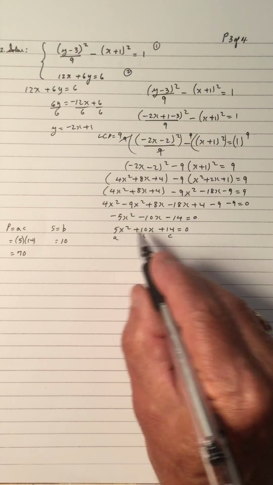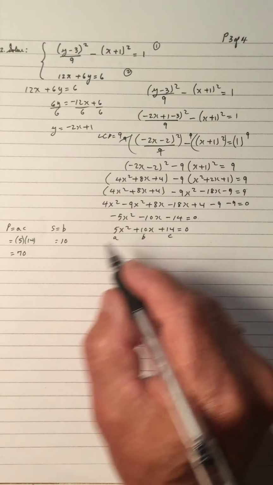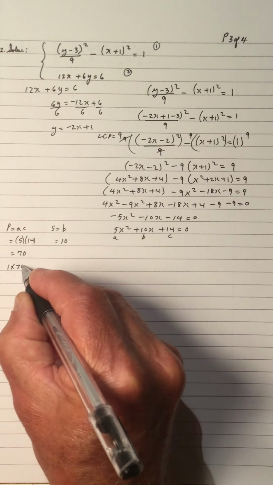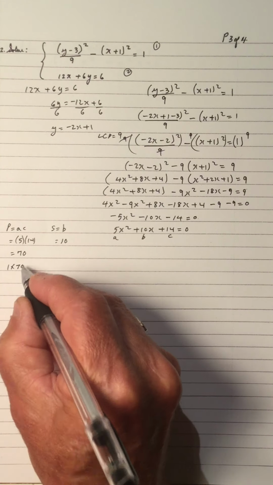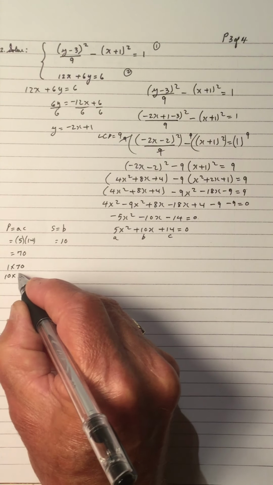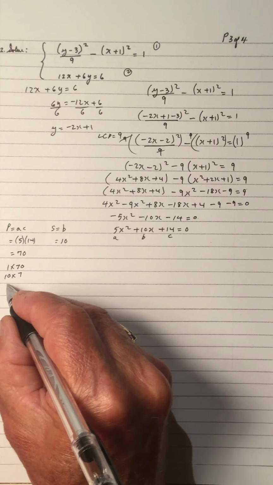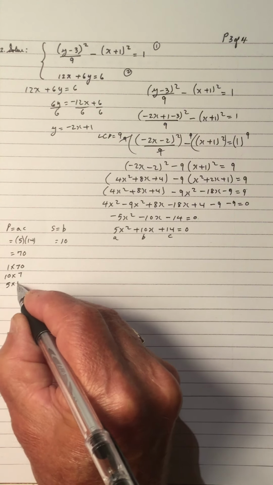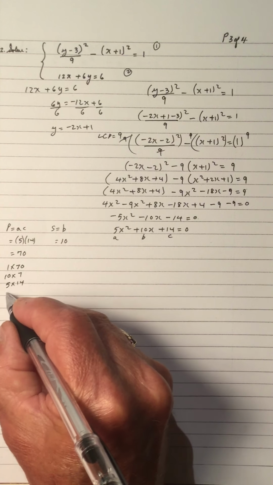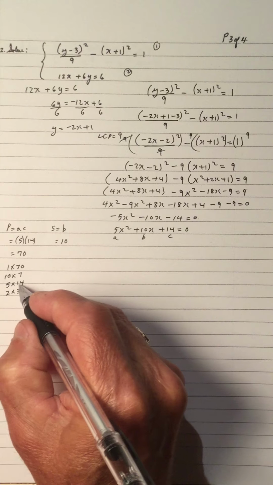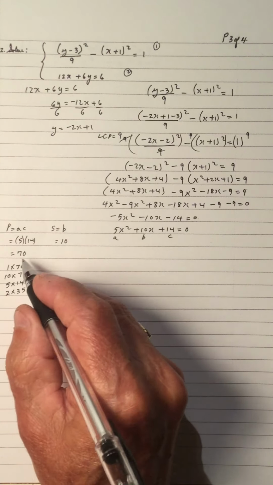The product is 5 times 14 is 70, and the sum is in the middle. So the factors of 70: 1 times 70. And 70 has a 10, so it's 10 times 7. Notice that 10 has a 5, so 5 into 70 is 14. 10 has a 2, so 2 into 70 is 35. We have a 14, which means we have them all.